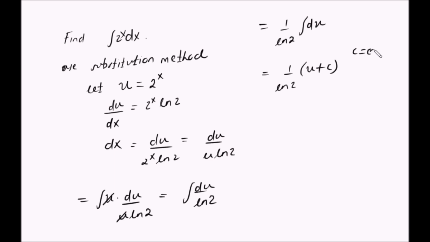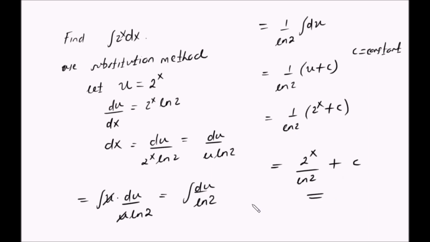So c is constant, but u tumesema ni 2 power x, kwa hiyo kumbe itakuwa ni 1 over ln 2 2 power x plus c. So nikiingiza 1 over ln 2 ndani napata 2 power x over ln 2. So 1 over ln 2 times c ni c. So you can see I get the same answer kama ambavyo ningekuwa nimekariri formula.